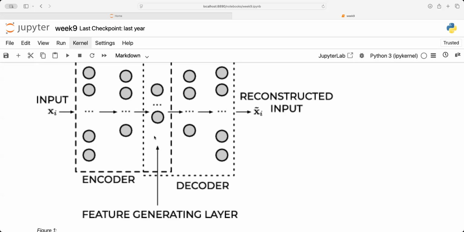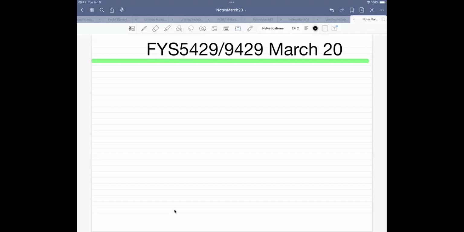Okay, so let's bring back what we discussed last week. So I'm going to switch over to the whiteboard here. And then we're going a little bit back and forth between the whiteboard and the Jupyter Notebook. So what we did last week was actually to introduce the covariance matrix.